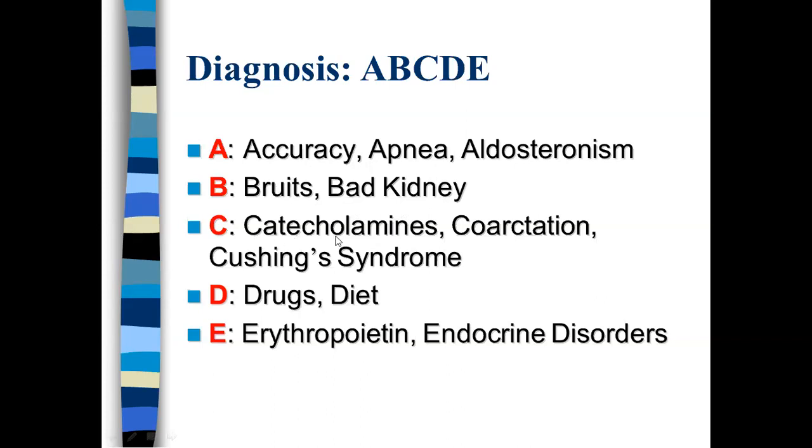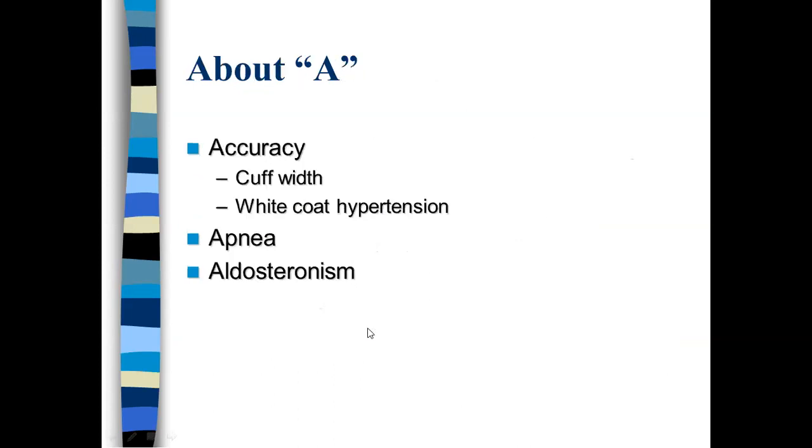C for catecholamines, which is pheochromocytoma, coarctation of the aorta, and Cushing syndrome. D for drugs and diet. E for erythropoietin and endocrine disorders. We'll start with the first, accuracy.